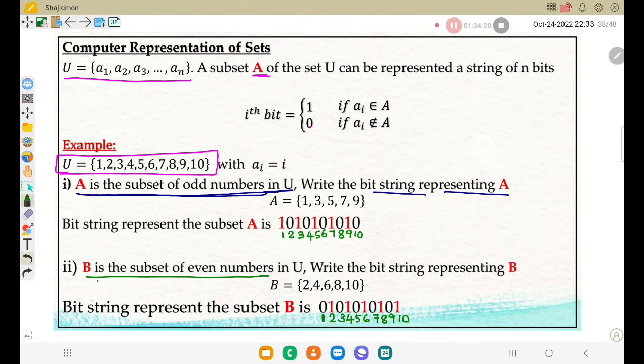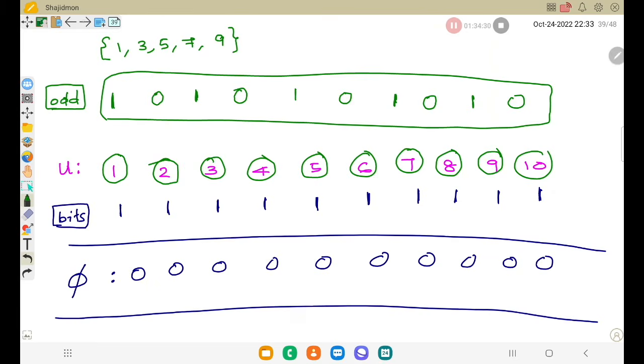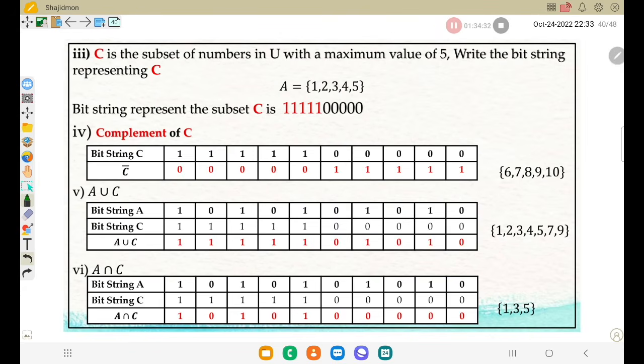Wherever an even number comes, put 1. That is the representation of the subset B, the even number set. Hope you understood the computer representation of a set. We will go to some examples.